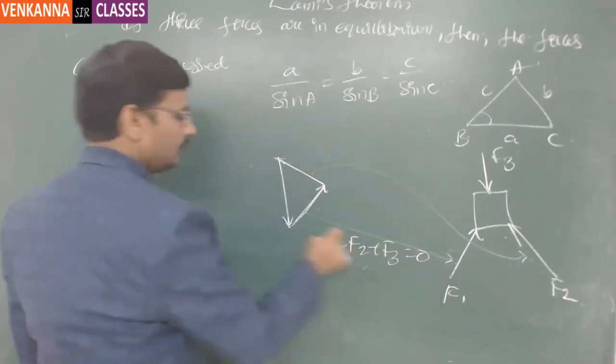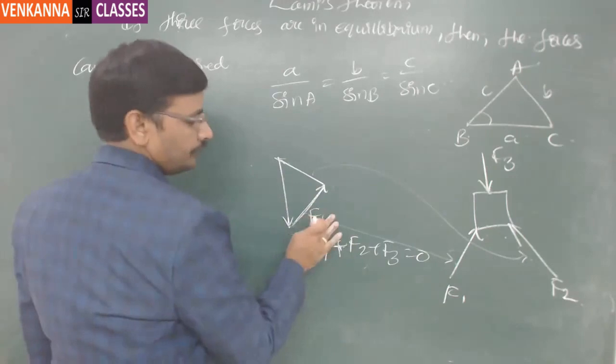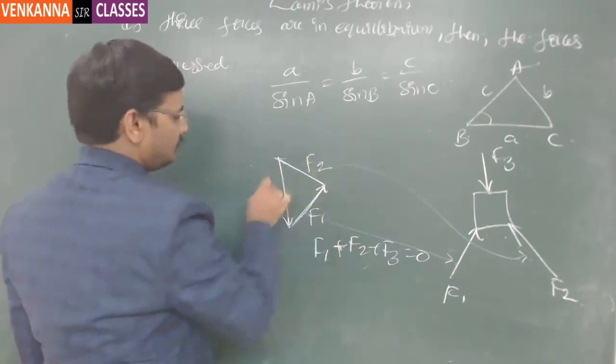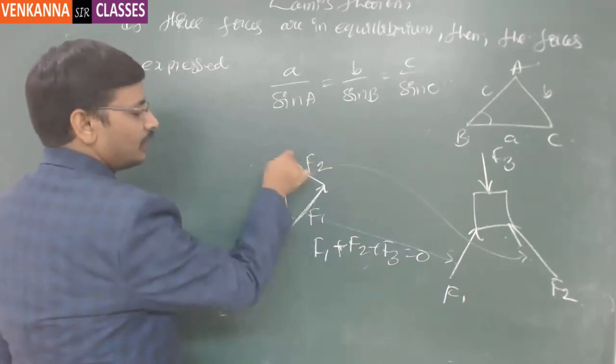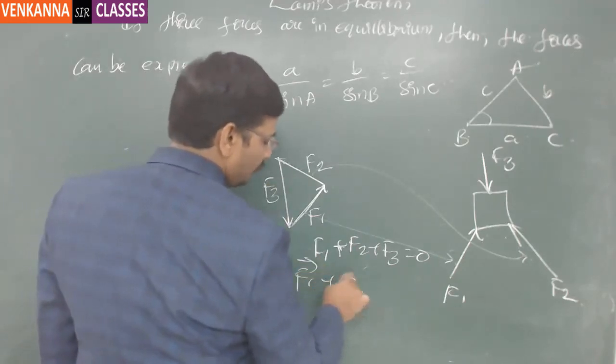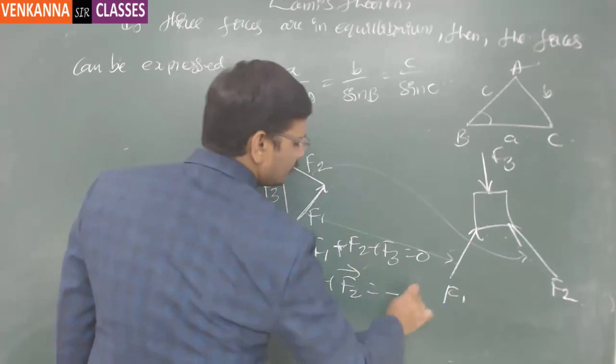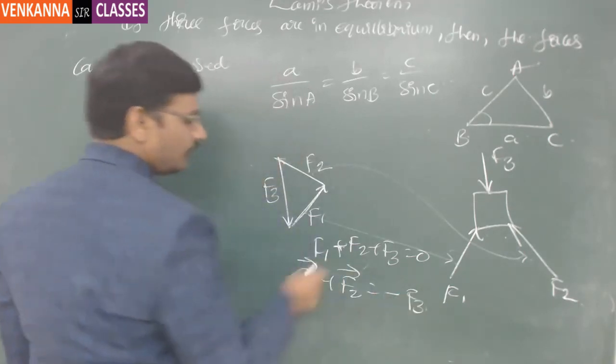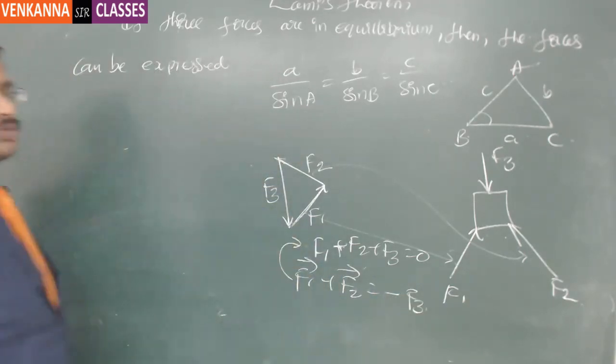This I proved earlier. So suppose this is F1, this is F2, and this is F3. The sum of F1 and F2 is obviously equal to minus F3. So F1 plus F2 is equal to minus F3, or F1 plus F2 plus F3 is equal to 0.